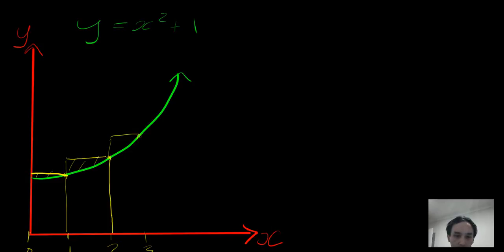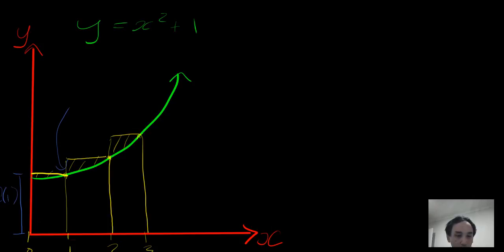And for some curves, it is quite nice to use this method. In any case, if you want to find the area, it's a very similar method. We're using the right corner this time, so the height here is actually not 1 anymore. It's actually 1 squared plus 1, the height of f of 1, because x is equal to 1 at this point.